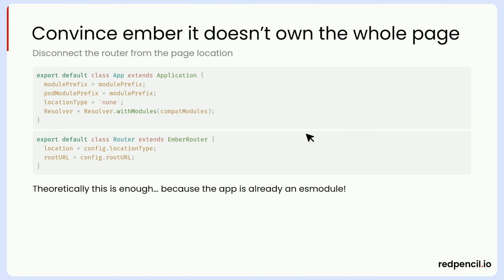You just add location type none, and also here in the router. So both in the app and the router. There are other location types which may be interesting to look at, but usually you don't really need them. If you're doing this, you don't really need location, because you can always let the host app pass in the page that you want to render on or something like that.